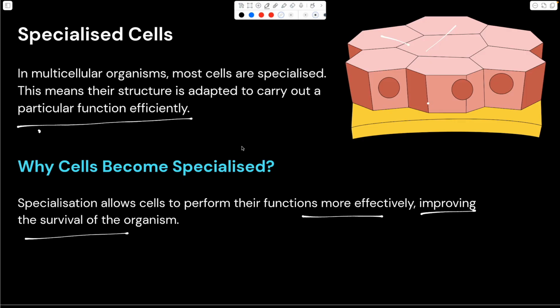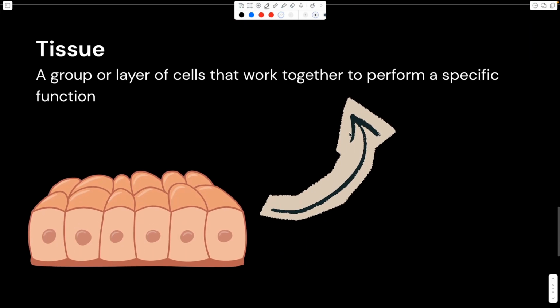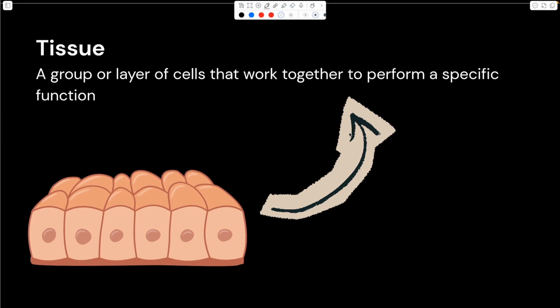To produce energy for contraction. However, another type of cell that is non-specialized cannot carry out this function efficiently, as the cell lacks enough mitochondria.